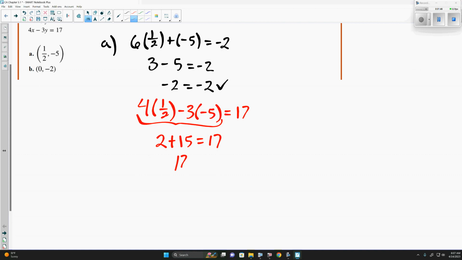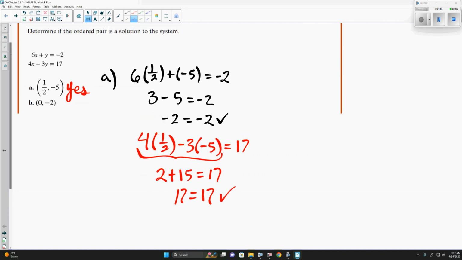Equals 17. 17 is indeed equal to 17. So, yes, 1/2 comma -5 is a solution to this system. Any questions on this so far?